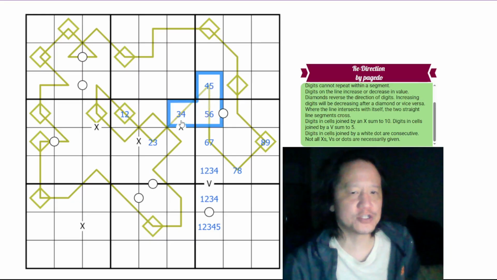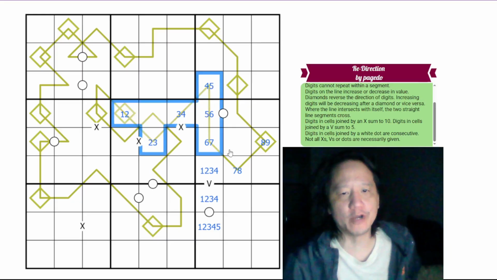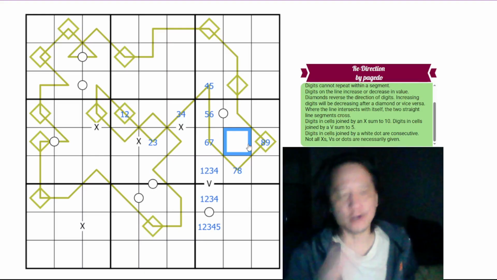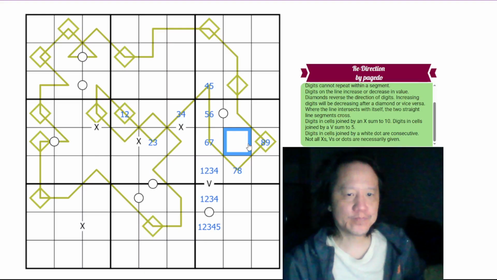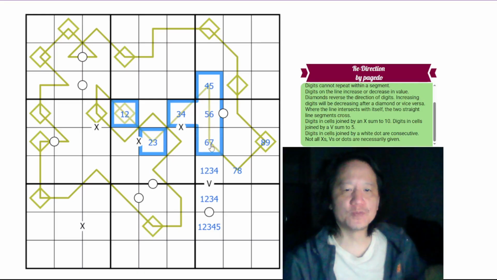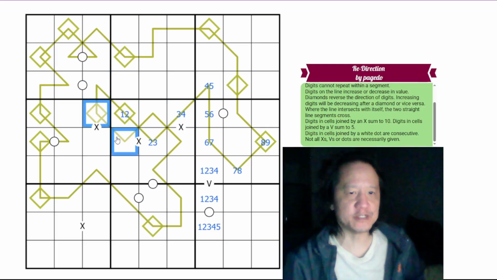And this is essentially one big thermometer one way or one big thermometer the other way, right? So if this is increasing this way, that means it's decreasing going that way, which means this is increasing, which means this is decreasing.